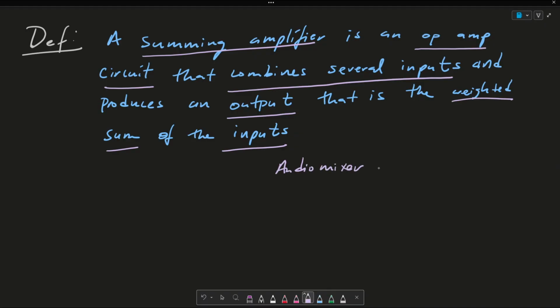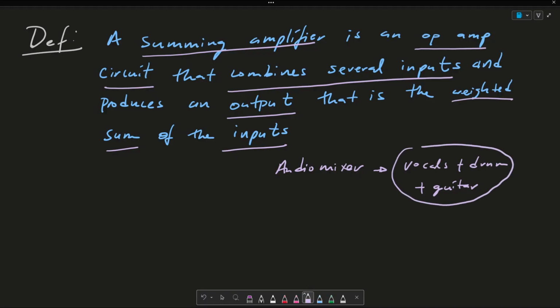If you have vocals plus a drum plus the guitar, you can use a summing amplifier to add all these signals up and control their amplification using their input resistances, as we will see towards the end of the video.